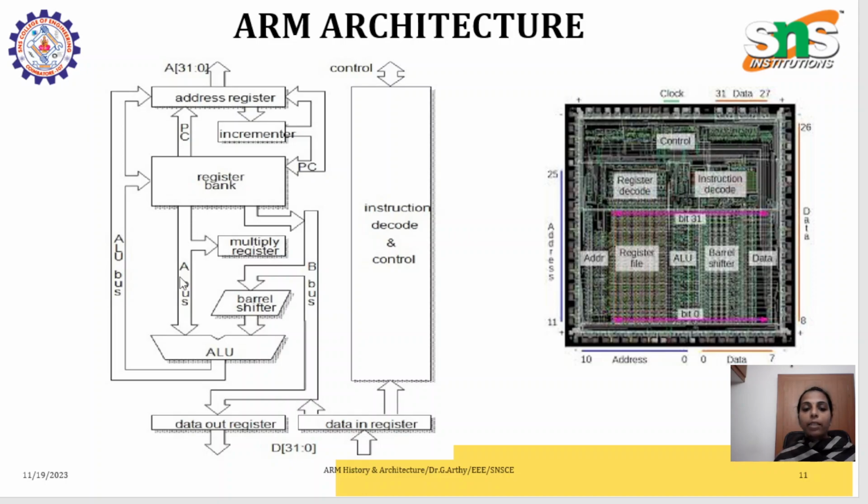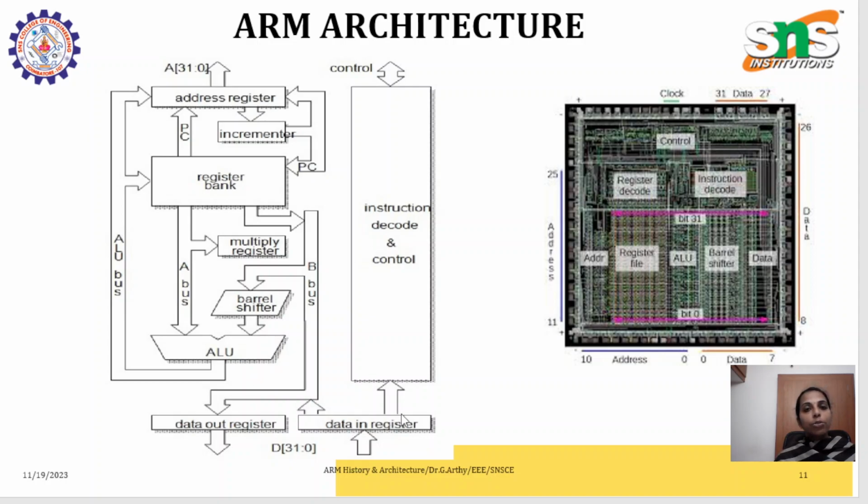Then it accesses every instruction from the register bank. Then it has an incrementer where the PC address is used. It has two buses, the A bus as well as the B bus. Then the instruction decoder and control unit are used to decode the instructions as well as to generate the control signals.